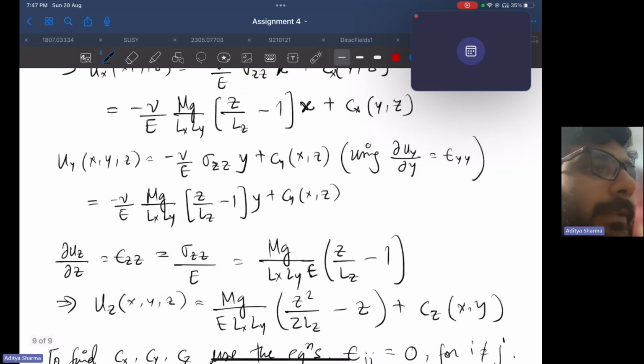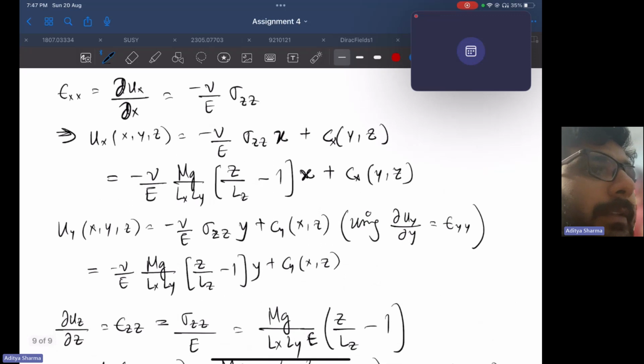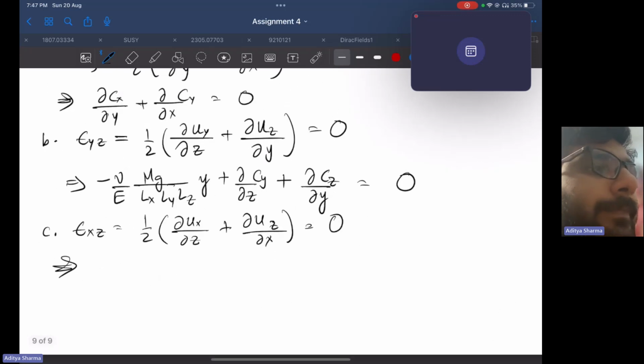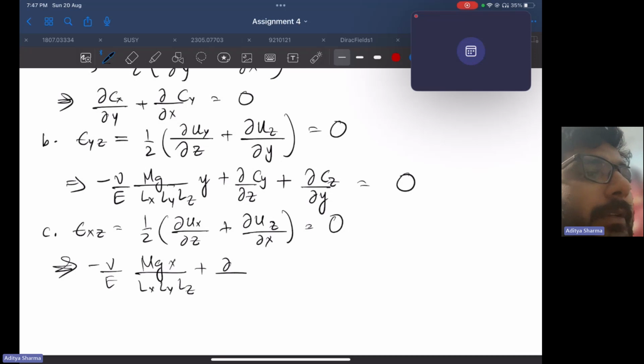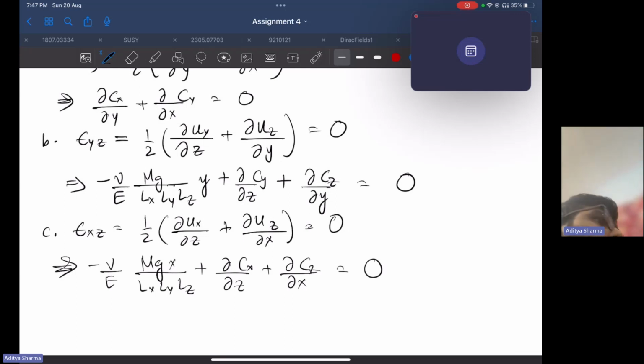Similarly, Ux also has a similar term, minus ν/E, plus the derivative of Cx with respect to z, plus the derivative of Cz with respect to x, equal to 0. These are the three equations which you are going to get.